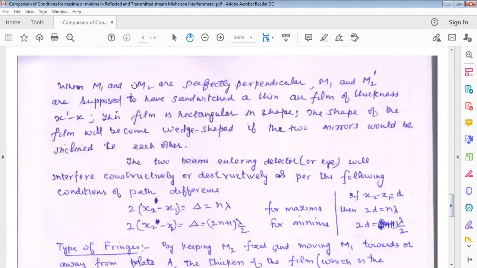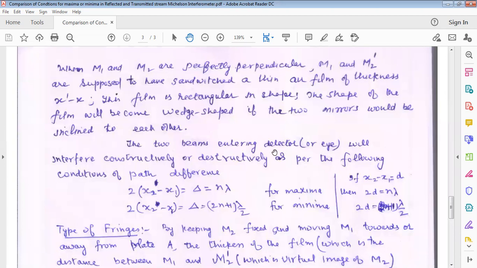When M1 and M2 are perfectly perpendicular, M1 and M2 dash are supposed to have sandwiched a thin air film of thickness x dash minus x. This film is rectangular in shape. The shape of the film will become wedge shaped if the two mirrors are inclined to each other.